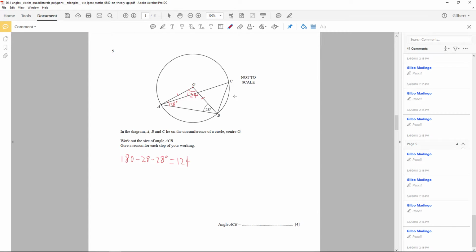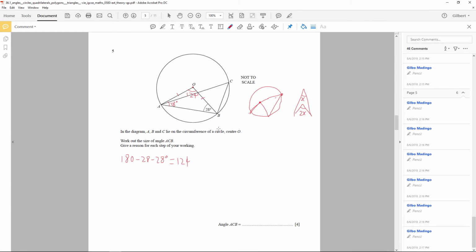If this is 124 degrees, using your arrow rule, it doesn't matter where this ends up at, as long as it went to the center and then goes to the circumference of your circle, then this will all obey your arrow rule. Sorry. Which is, if this is x, then this angle here is 2x.